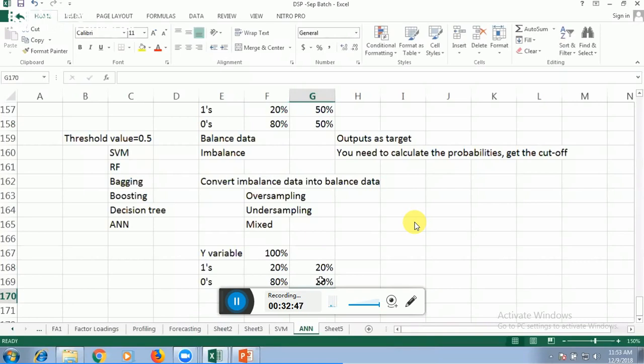From the 800 observations, you take a random sample of 200, which is 20%. Then it will be balanced data. The only thing is that you finally choose 40% of the data, but you make sure it is 20%, 20%, a balanced data. This methodology we call undersampling.